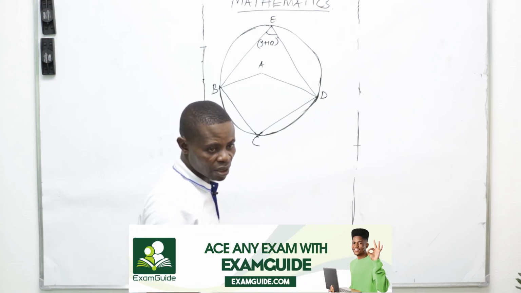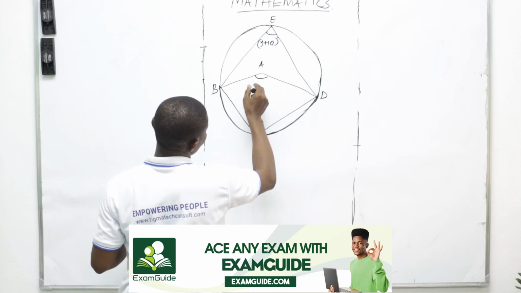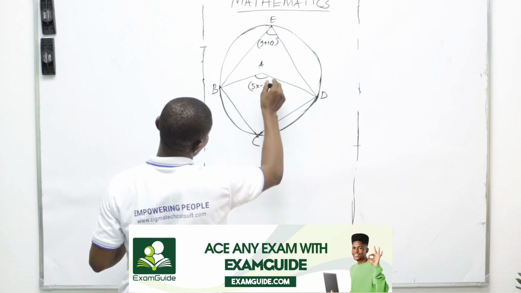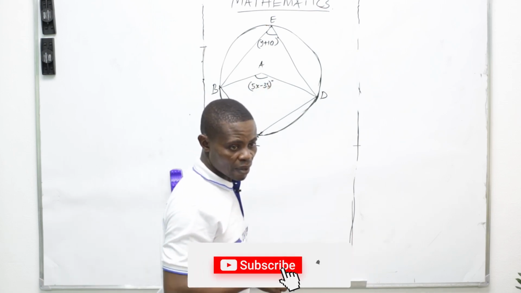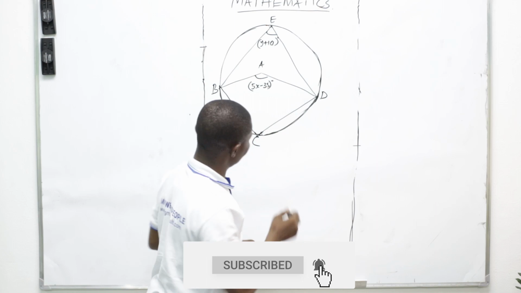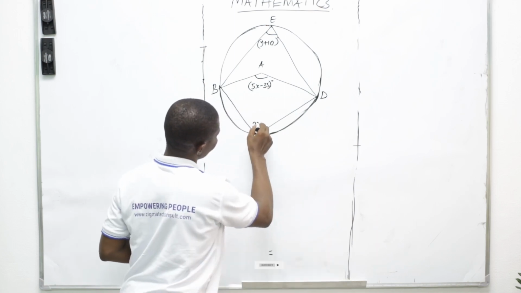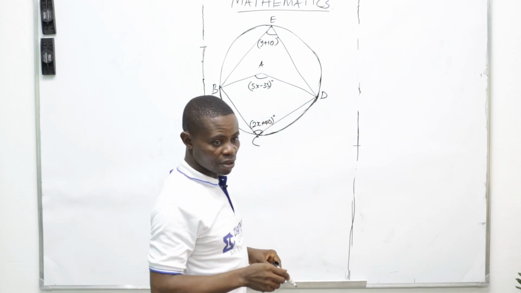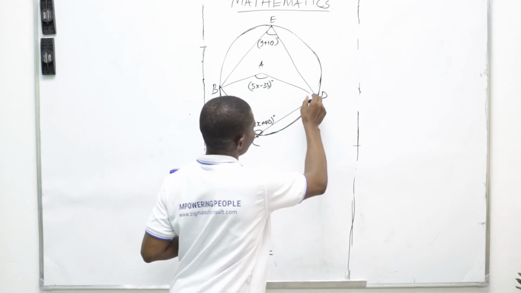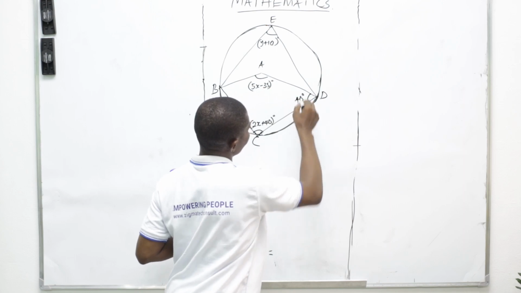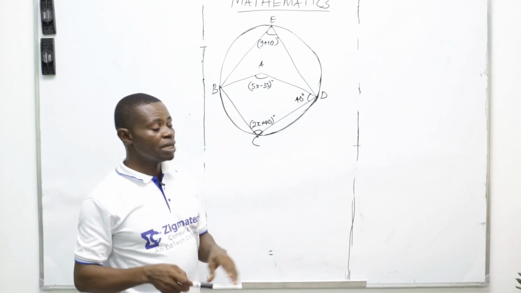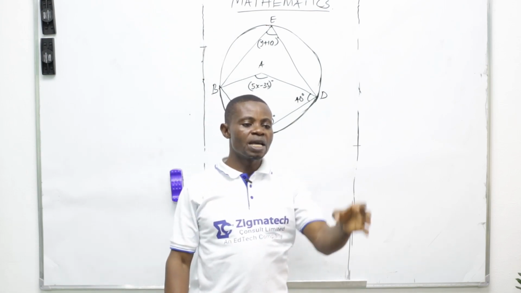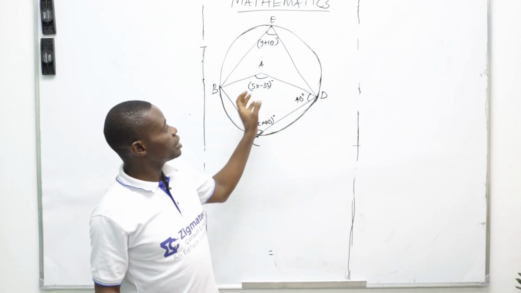The other one is 5x minus 35 degree. The other one is 2x plus 40 degree. Somewhere here is 40 degree. Now our interest in this question is how do we get the values of x and y?